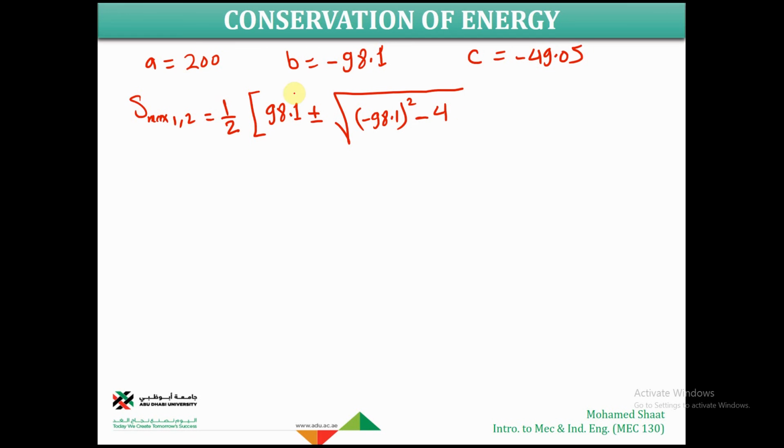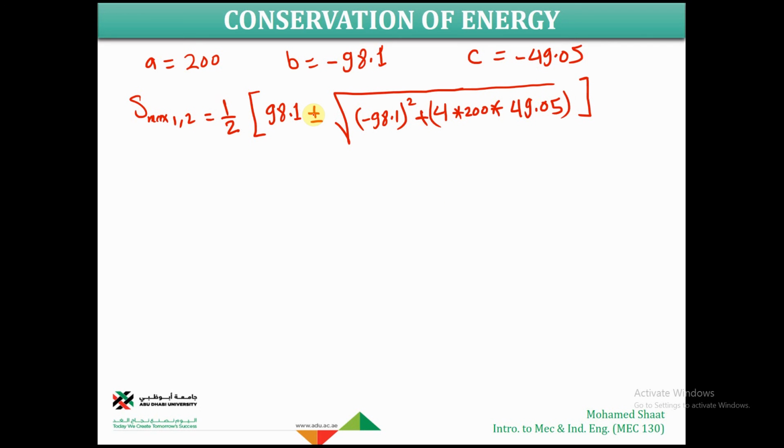So it is negative 4 times A, which is 200, times C. The negative times negative gives positive 49.05. If you do the calculations, you're going to end up with two roots, two values of S.